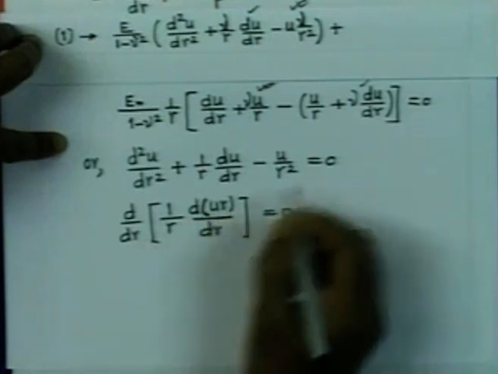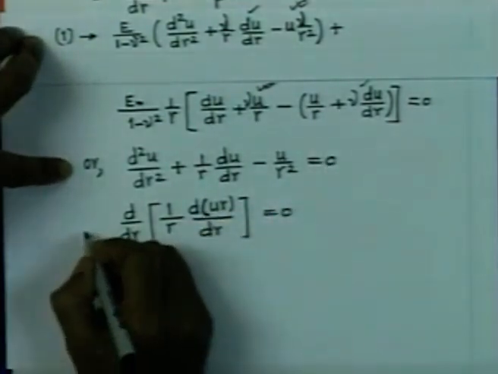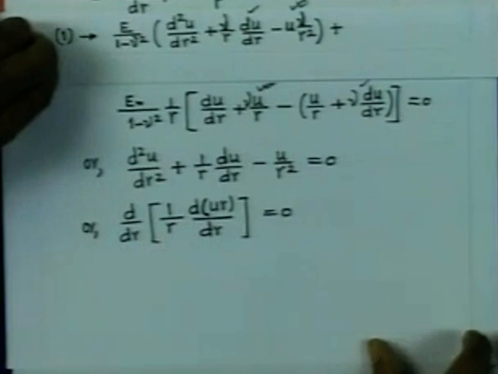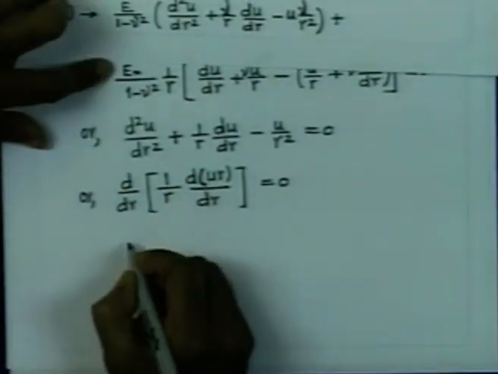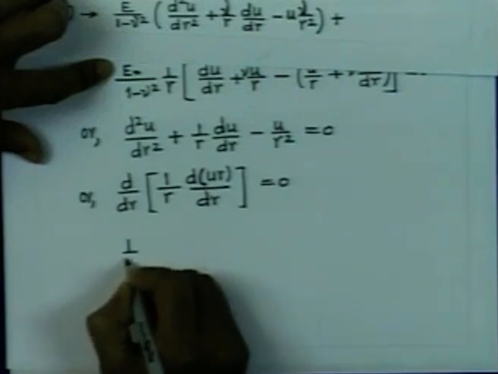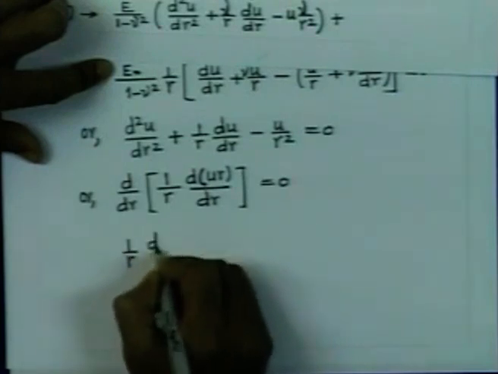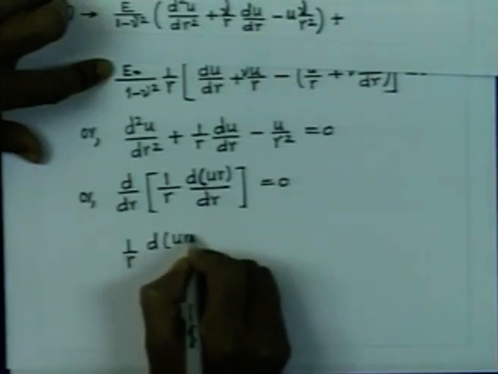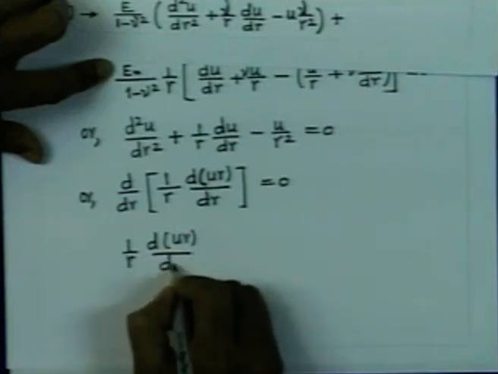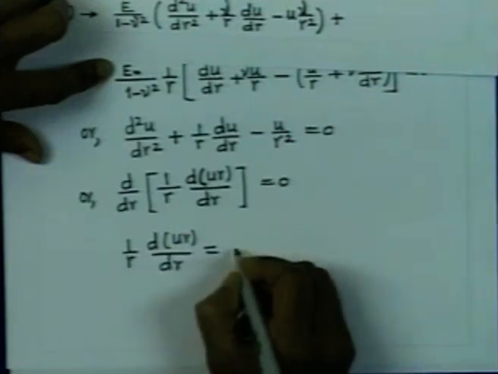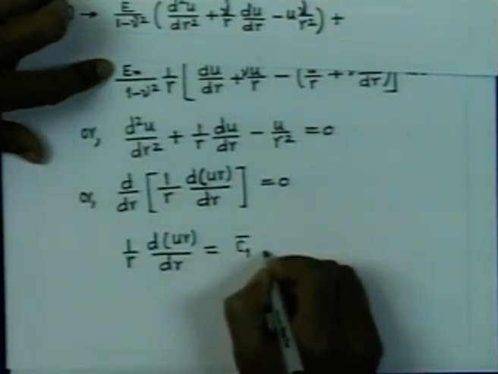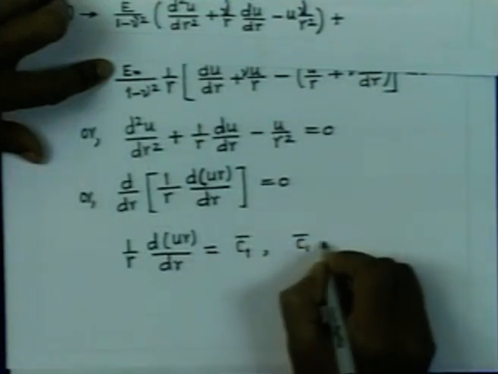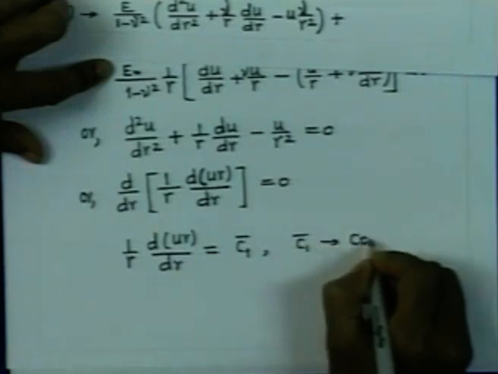So, this equation really gets converted to this form, and it is easily integrable. So, we can now write 1 by r d ur dr is equal to some constant, let us say C1 bar. C1 bar is a constant.